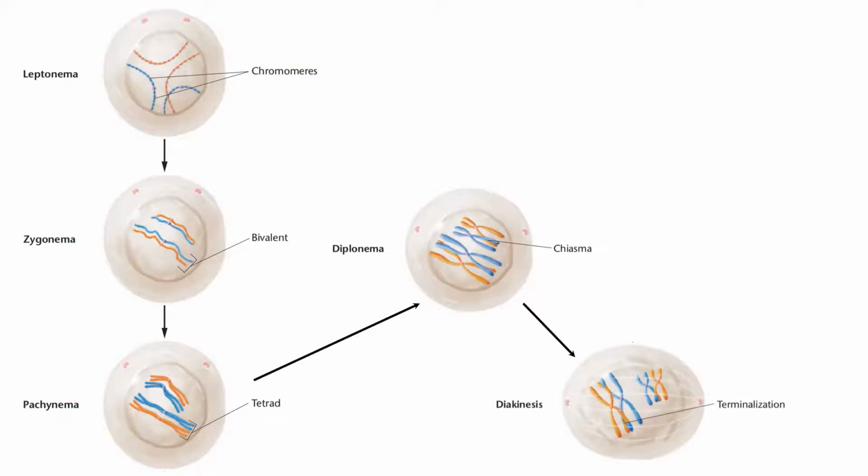And then as spindle fibers form, they move the chromosomes, which are still attached as tetrads, about, and we call this the diakinesis stage of prophase.